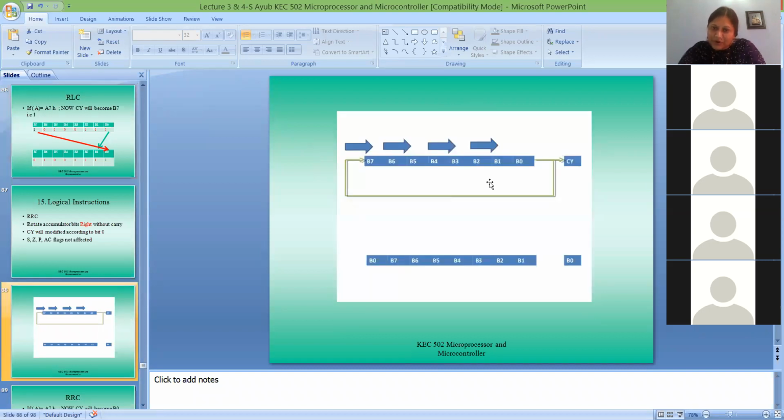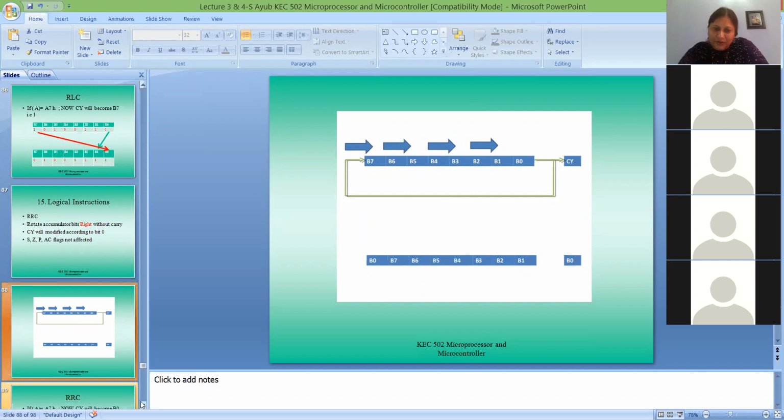Why? Because when we talk about RLC, that is without carry, then carry is not taking any position in this. Carry is outside, but B0 bit is taking the position at carry.